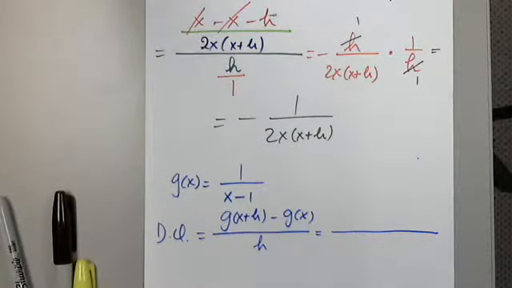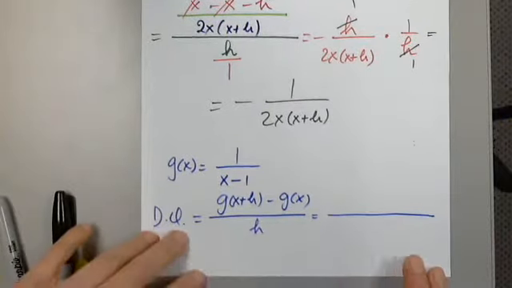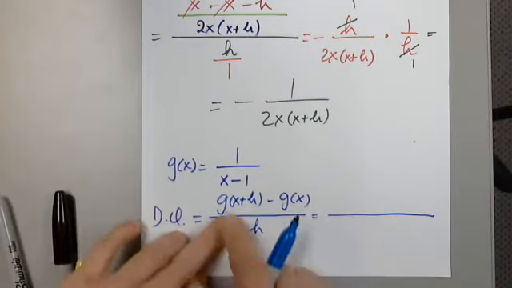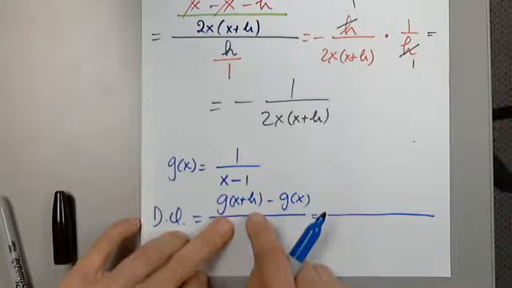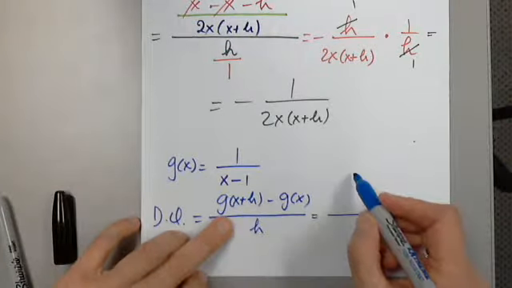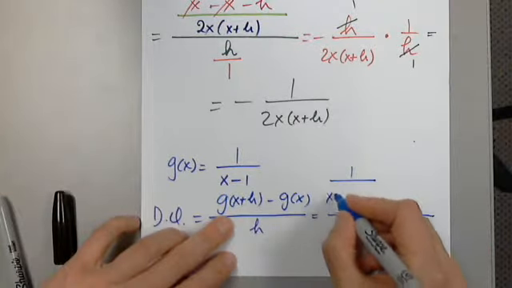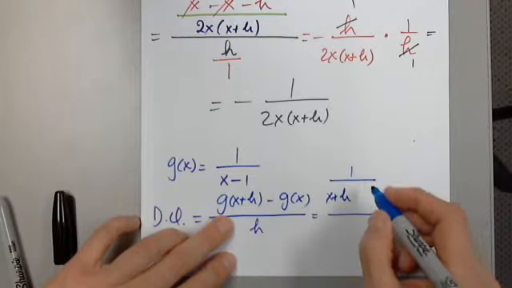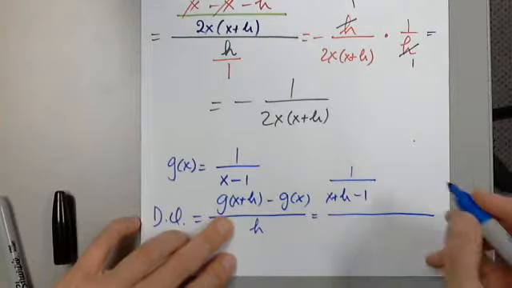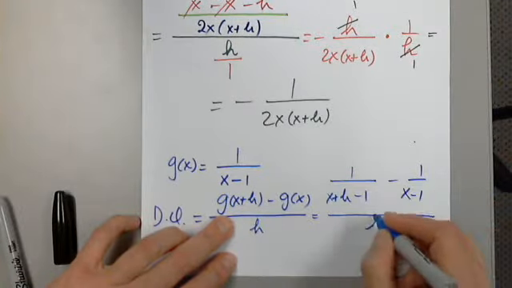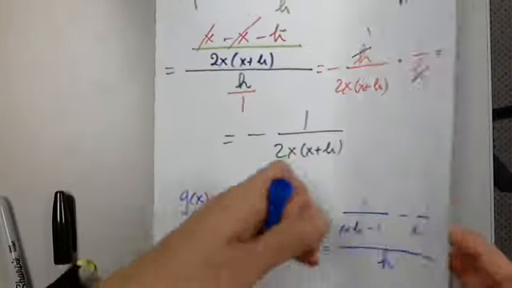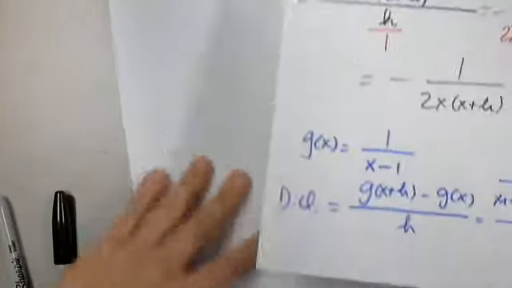What type of function is this? Very good, awesome. It's a rational function. Can anyone give us g of x plus h? Perfect. Yes? Very good. -1 over x minus 1 divided by h. Perfect. Well done. What do I need to do next?